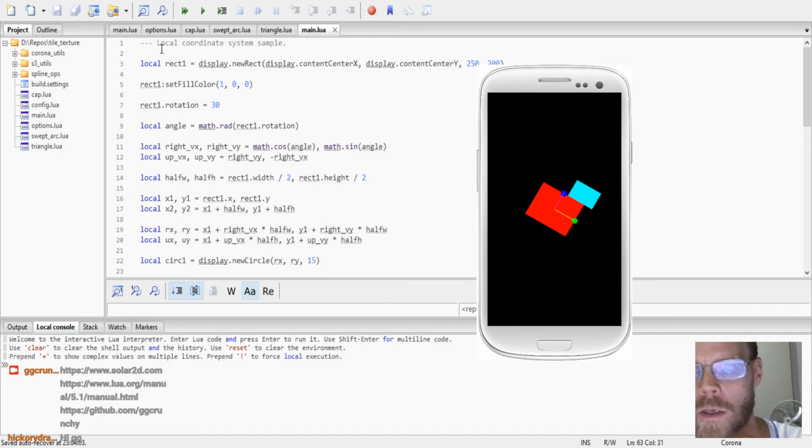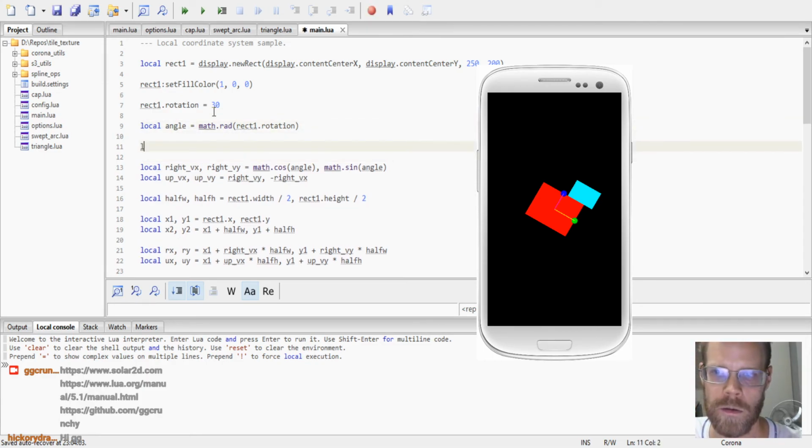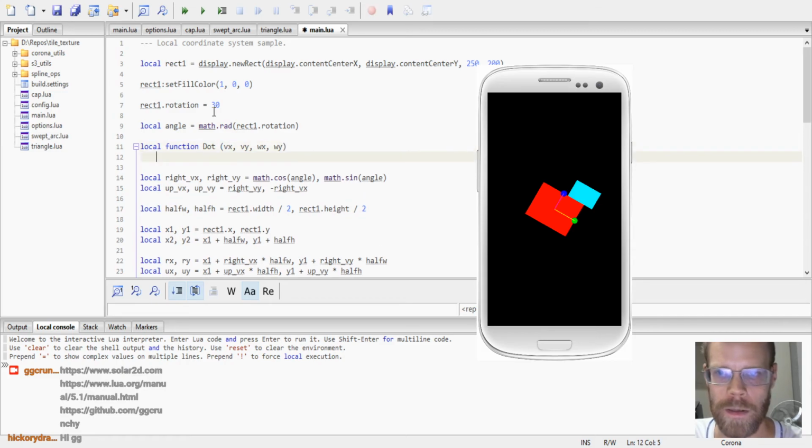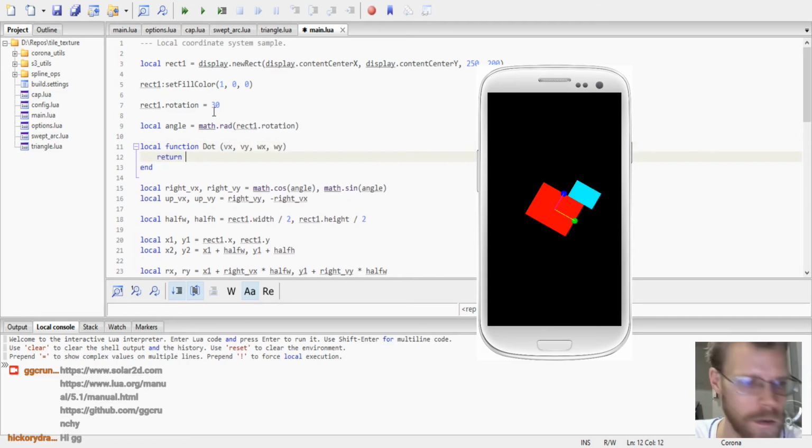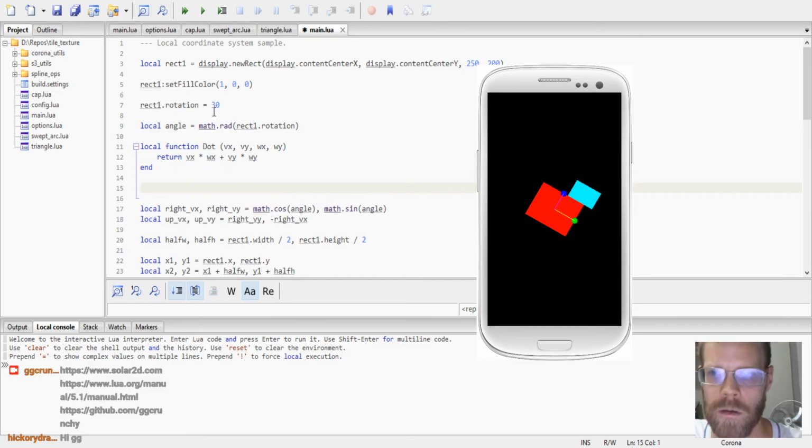How do I go about this now? So let's see. You would write something like this as x, dy, wx, wy, and project. So vx was our top vector, and w was the bottom.